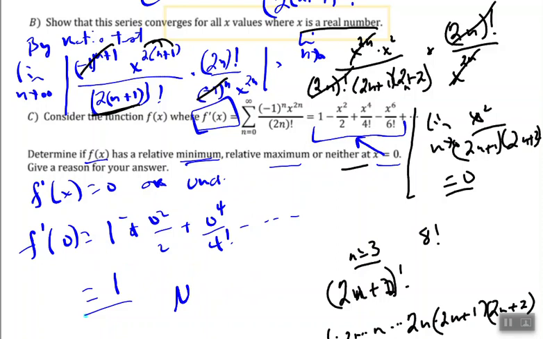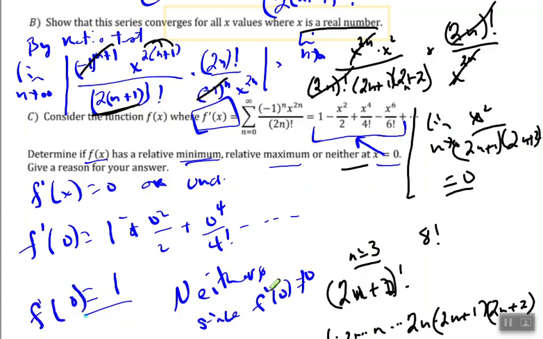So it's got to be neither, since f prime of 0 is not equal to 0. We can say that since f prime of 0 equals 1, we already showed that it wasn't equal to 0 and it's not undefined.